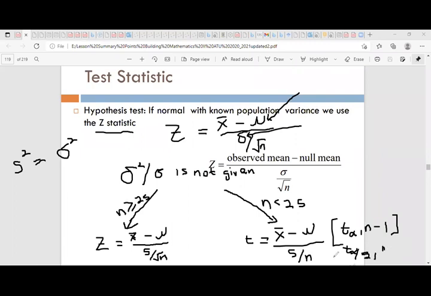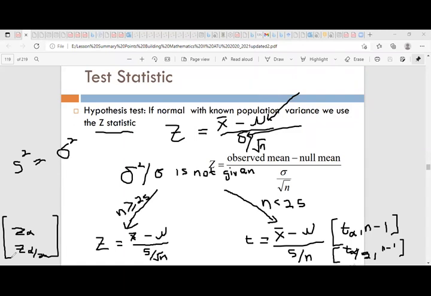And then for the Z scenario, we'll be reading Z of alpha as a critical value, and for a two-tail test, we'll be finding the critical value of Z of alpha over 2. So these are the conditions associated with the testing.